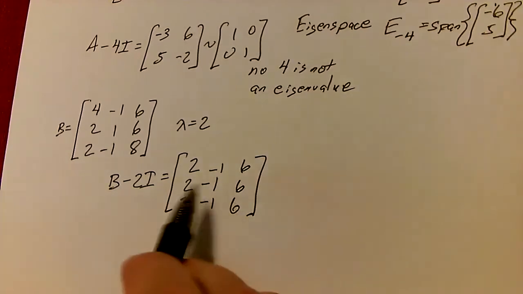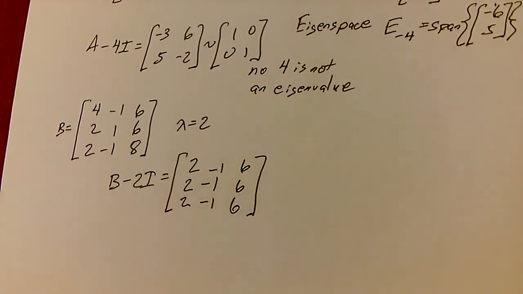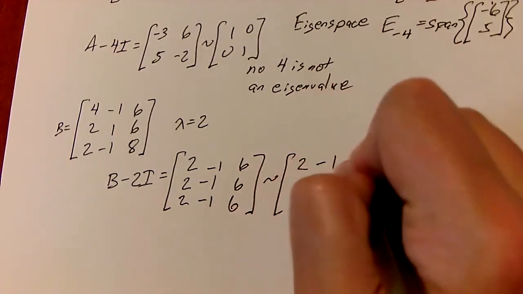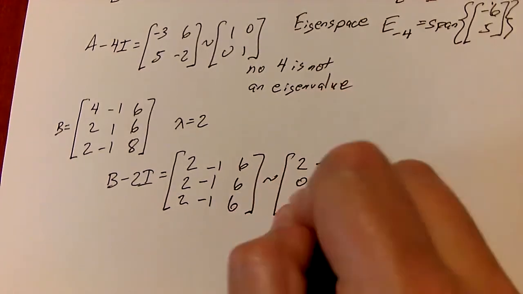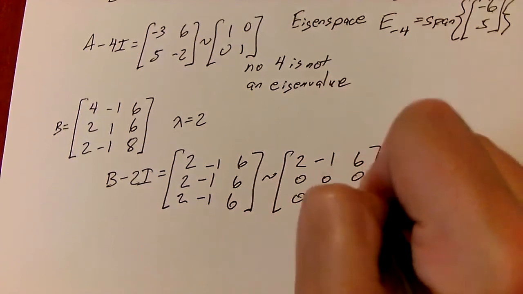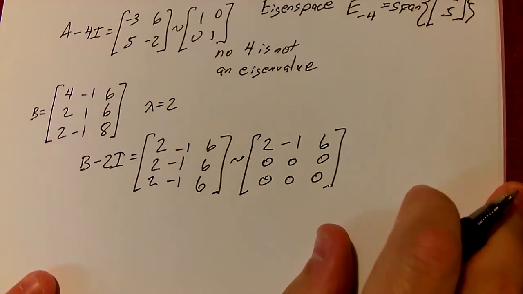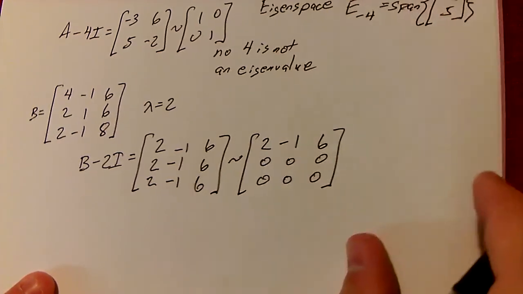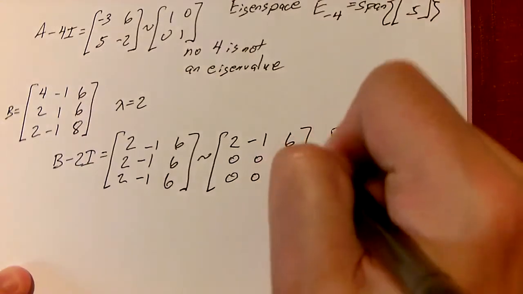And notice I have 3 identical rows here. So this would quickly row reduce to 2, negative 1, 6 with all zeros for the second and third rows. Now, you can go ahead and scale if you so choose. It's a good choice. Nothing wrong with that. So let's divide everything by 2.